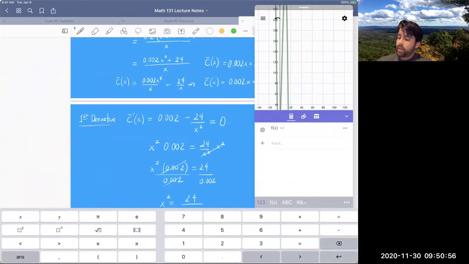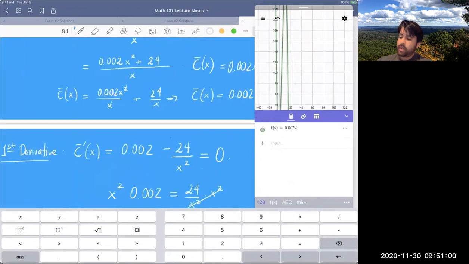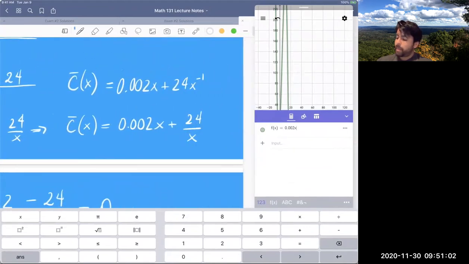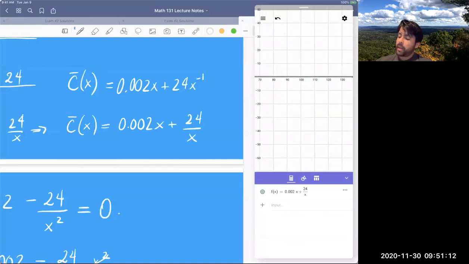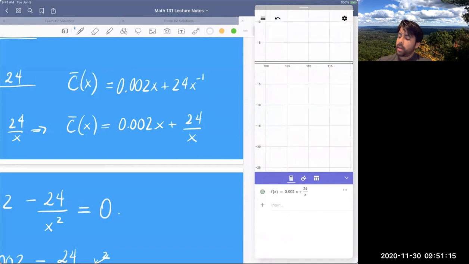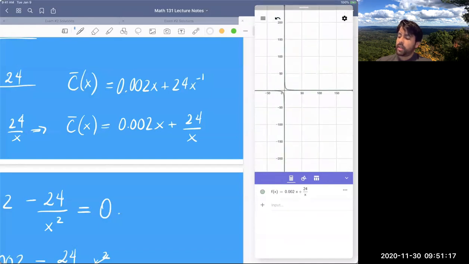So it's 0.002x plus 24 divided by x. This is a very strange function, as you can tell.